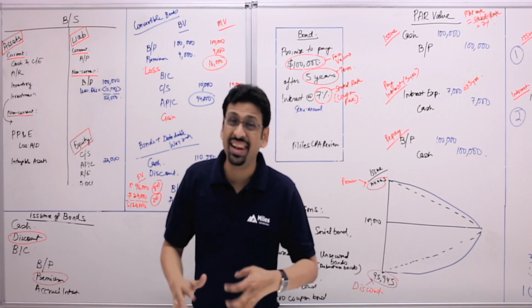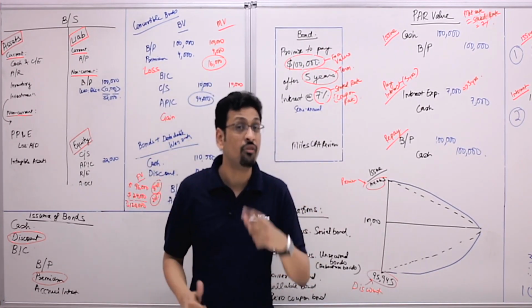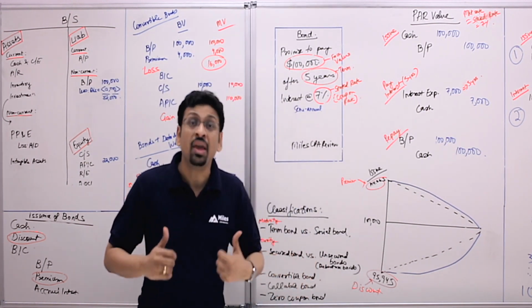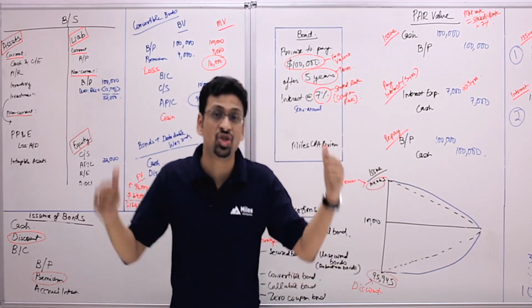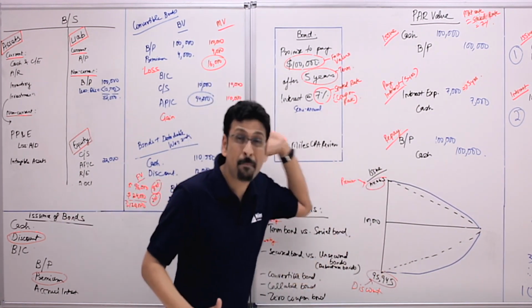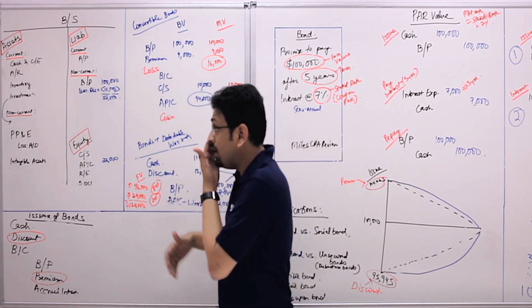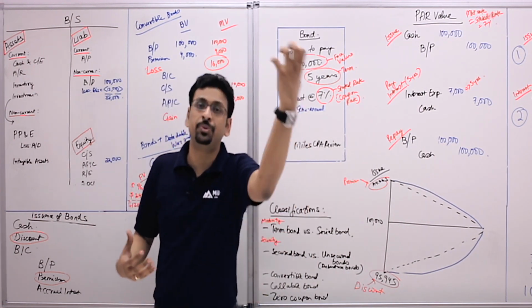Now we've spent the last couple of fun and exciting hours learning all about accounting for bonds. Before I move on further and wrap this up, let's do a quick recap to make sure we're on the same page with all that we have on my big board out here. If you recall, in FAR 3, when we looked at investments, we looked at the investor's perspective.